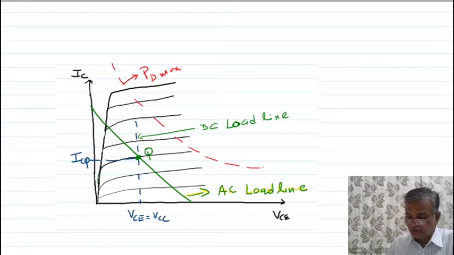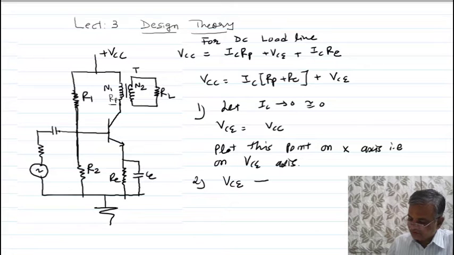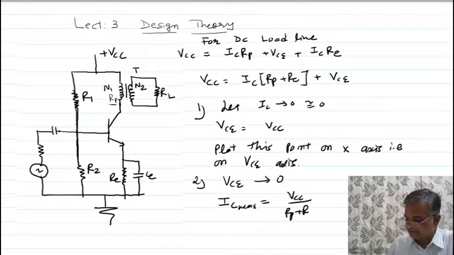Now the second point I am showing you. When VCE tends to 0, is very less, then I can write IC maximum is equal to VCC by (Rp plus RE).